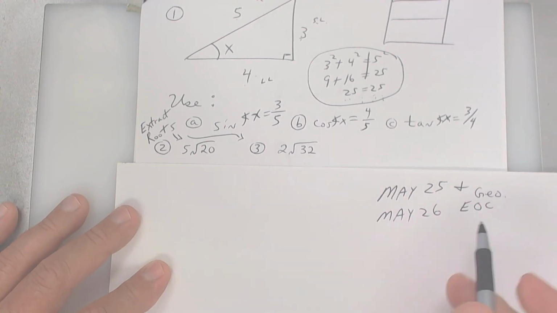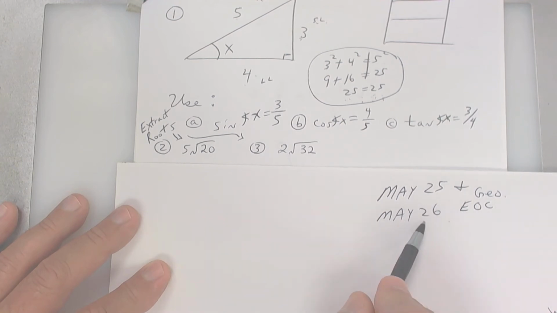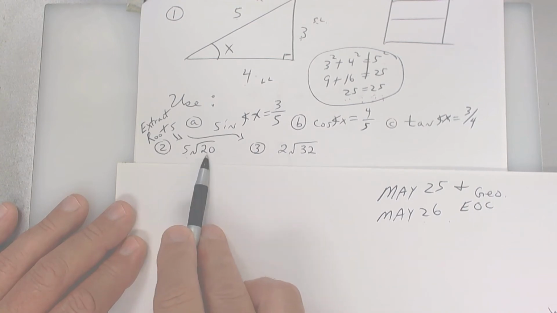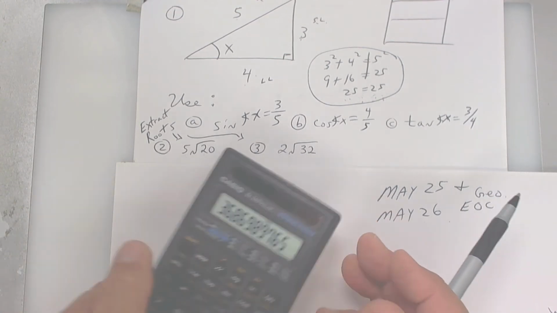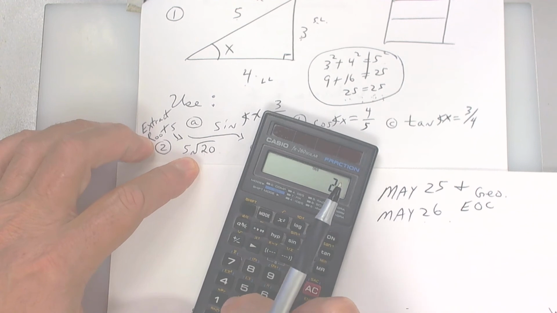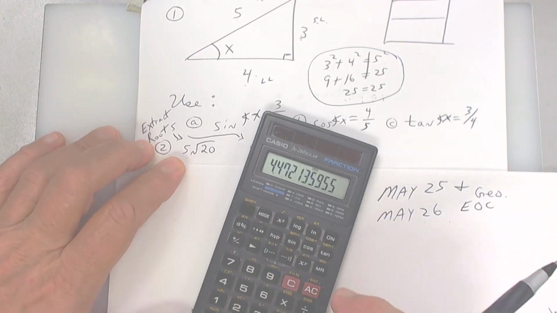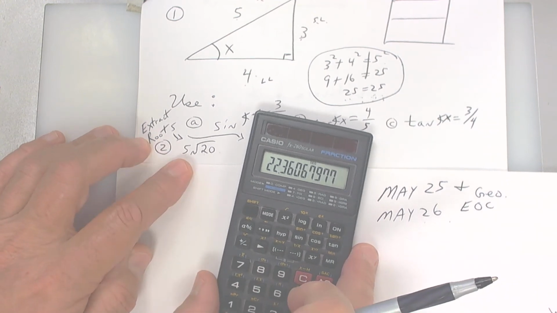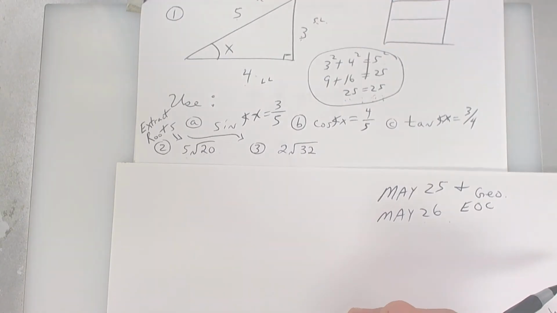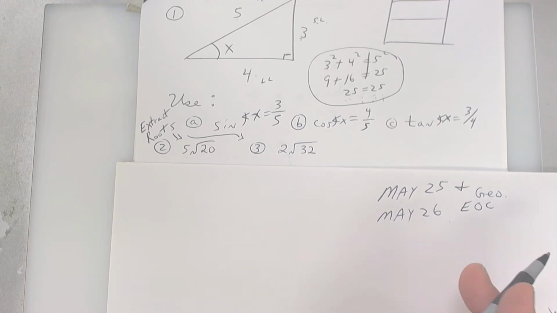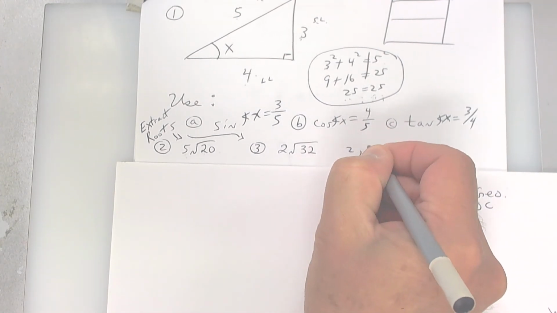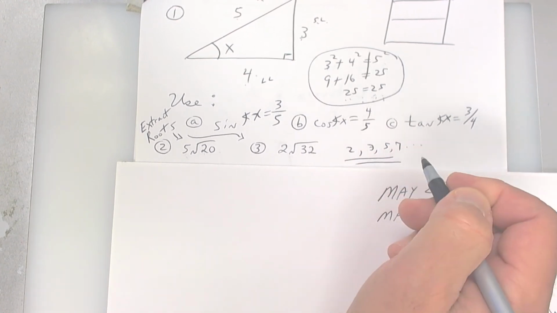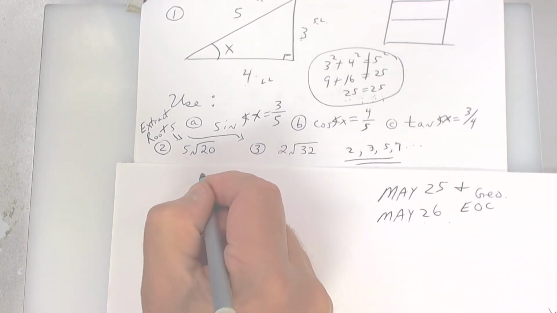Now, on that EOC, and again, make sure you write down these dates, you have to know how to extract roots. Now I can use a calculator. Watch. I can take the square root of 20, so 20 shift square root and then times 5. I can do that all day. That's 22.4, okay? But when they say extract perfect roots, here's how you do it. You break it down with 2s, 3s, 5s, 7s, all prime numbers. 1 is not a prime number.